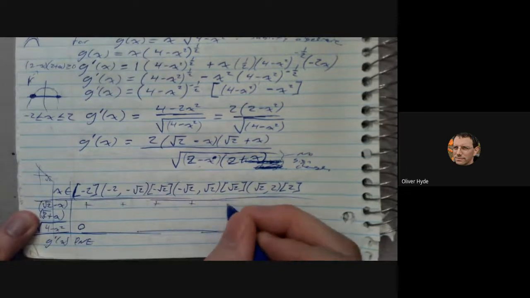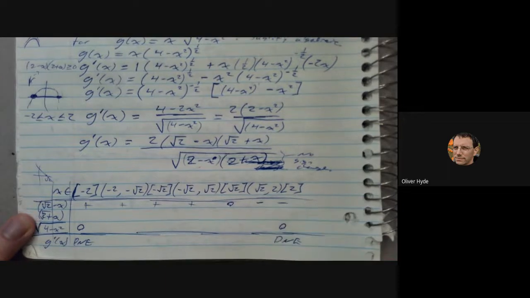Okay. For the others, I might have wanted to switch these factors around. This is a linear function that has a root at root 2, and it's a decreasing function. So it is going to be positive before its root, neutral at its root, and negative after its root. This is an increasing function.